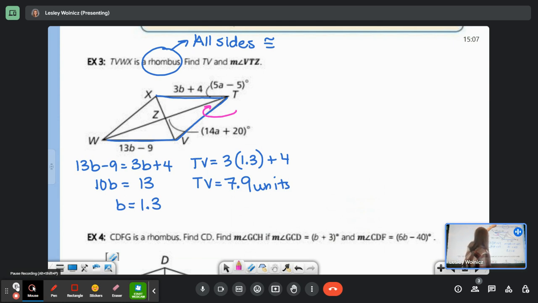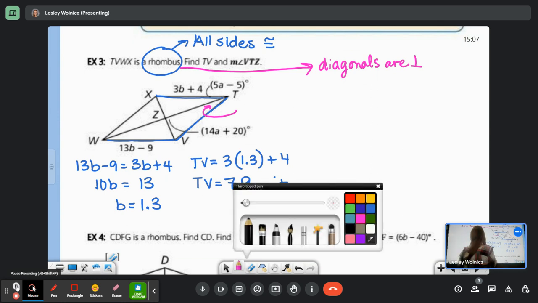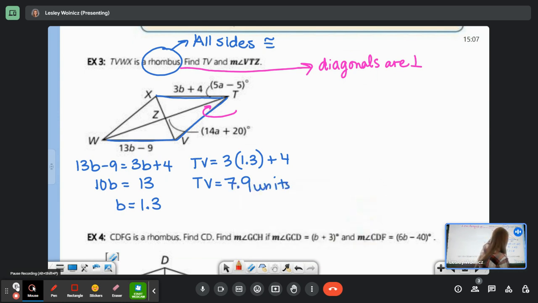So if we have a rhombus, we know that the diagonals are perpendicular. Okay, so how can we use that in this picture? Like, do we know what this angle is right here? 90. Okay, so aren't they all 90?